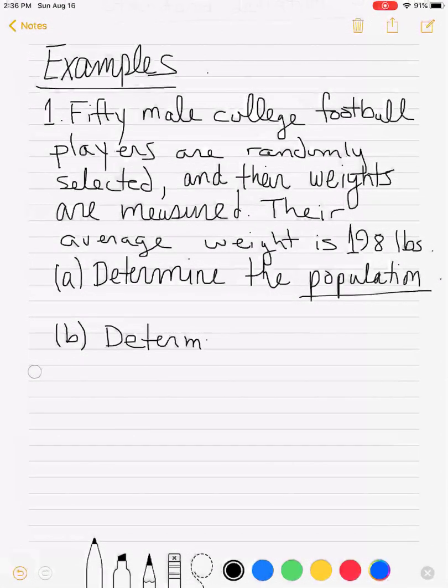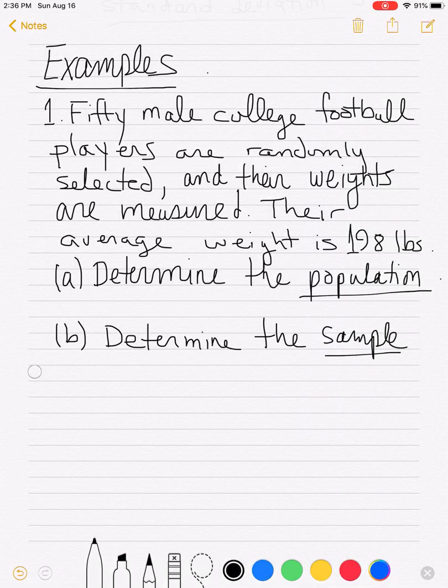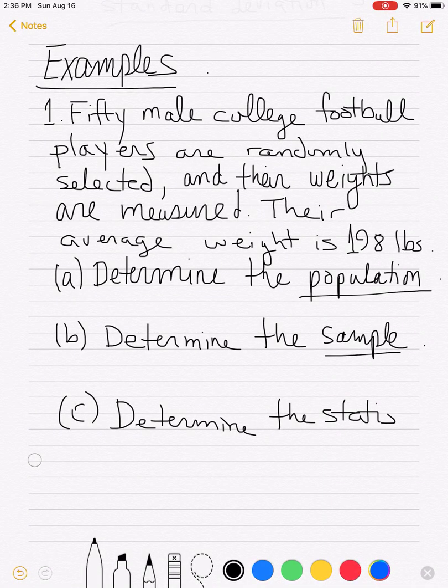Determine the sample in this scenario. And part C, what is the statistic here? Determine the statistic.